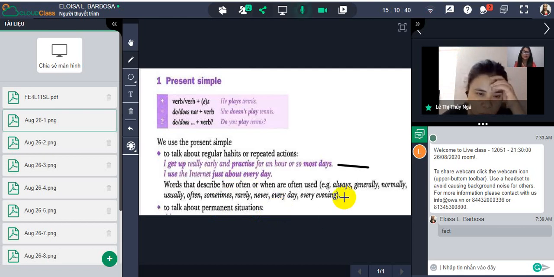For example, I always ride a bus to go to work. Normally, I play piano every day.